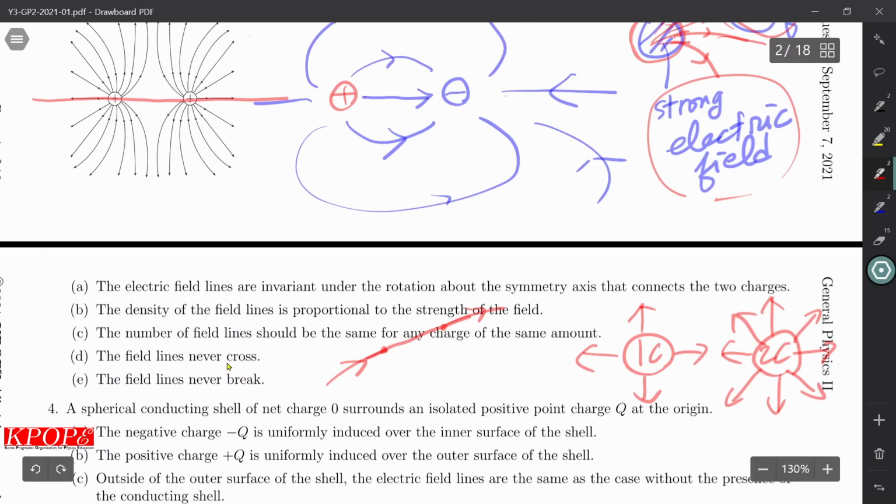They should be continuous, except at a source or sink. A line begins at the source, that is the positive charge, and it enters into the negative charge, that is the sink.